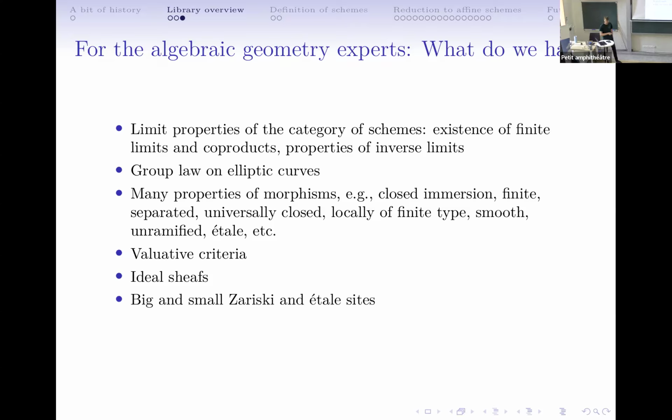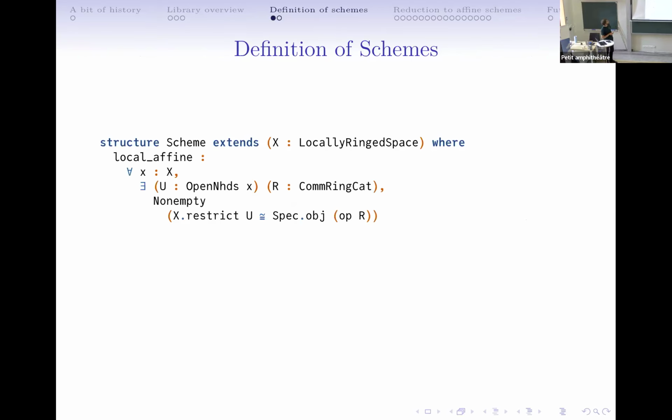Okay, so let's get to some more formalization things. We also have some concrete things like projective space. Namely, the definition of schemes. Since Cyril earlier gave the talk about Hierarchy Builder and mentioned all the different design patterns about bundling and unbundling and semi-bundling and packed classes design and so on, this is maybe an interesting example.